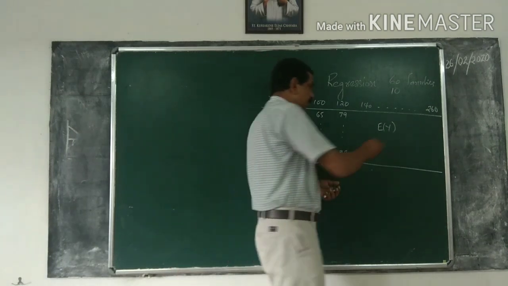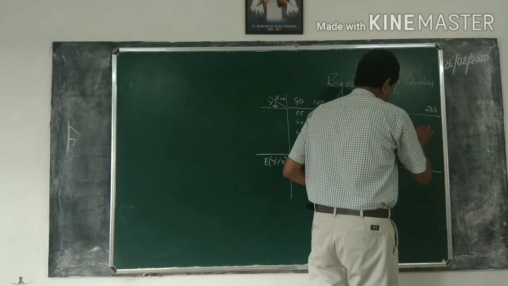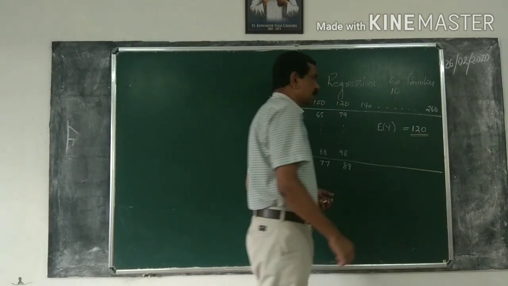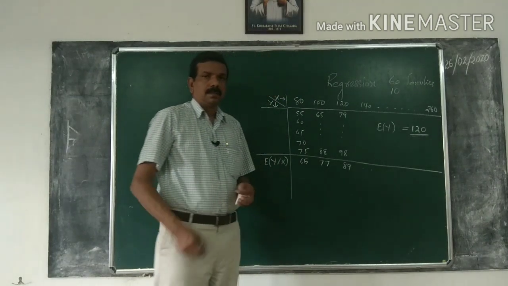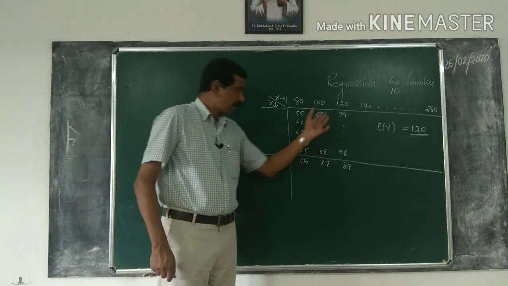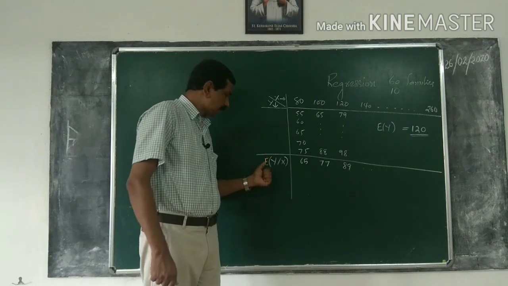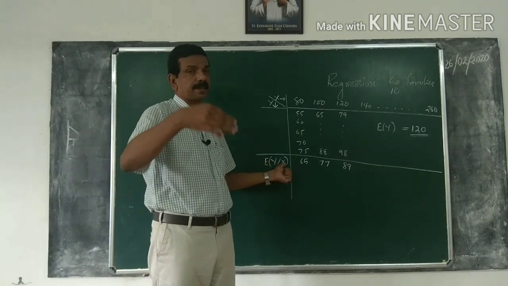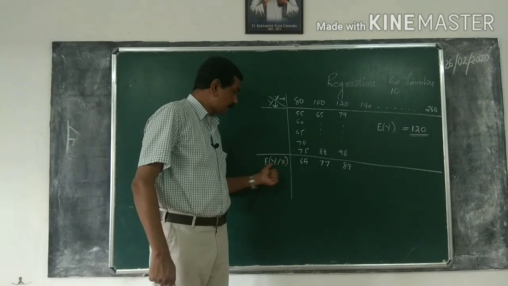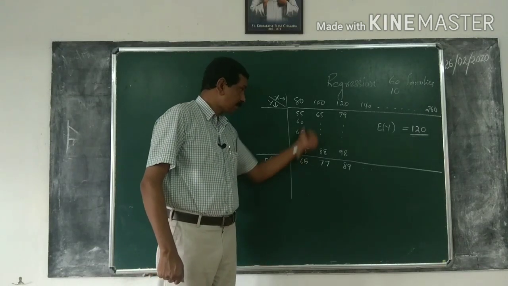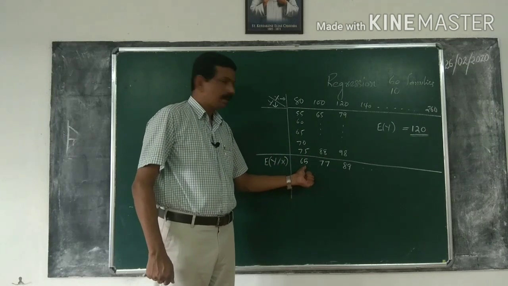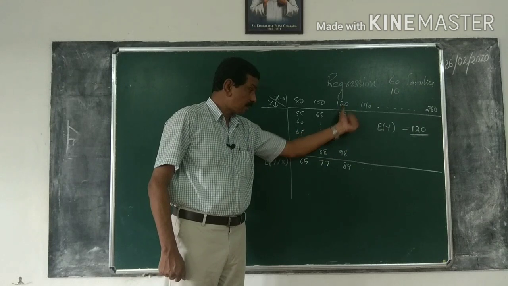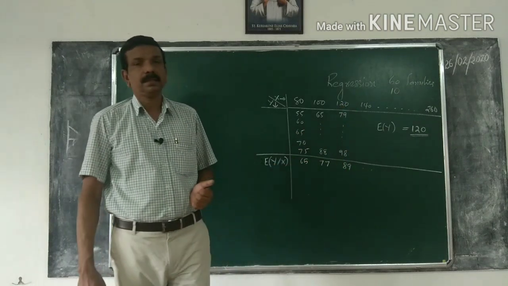Say, for example, expected y for the entire set of families is 120. But if I ask, what is expected y given x? It is the conditional expectation of y given that x is equal to 80, 65; x is equal to 100, 77; x is equal to 120, 89; etc.